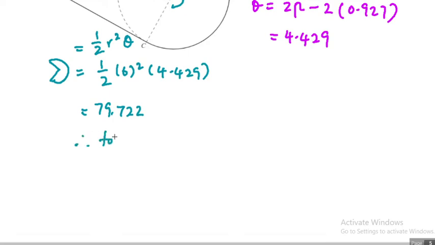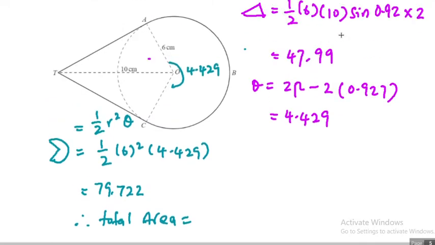Therefore, the total area equals the sector plus this kite just now. So I will write here 79.722 plus 47.99.